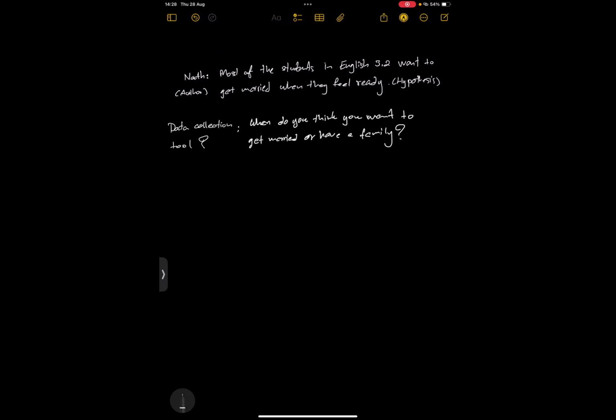But if your intention is to know when people want to have a family, meaning having a wife and children, you have to adjust your question so that it encapsulates the idea of having a family, having a husband or wife and children.